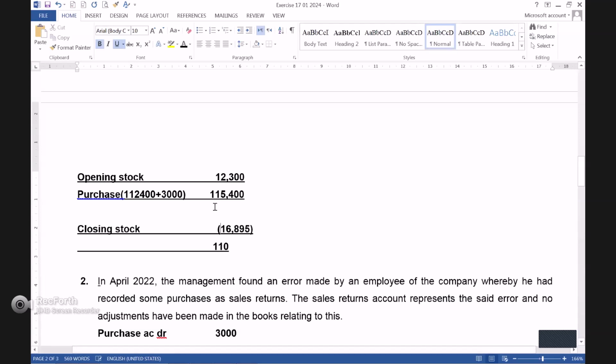You have to deduct the closing stock, 125,700. Then you have to deduct, what is the amount? 110,000. This is the cost of sale. Okay, this is the cost of sale.